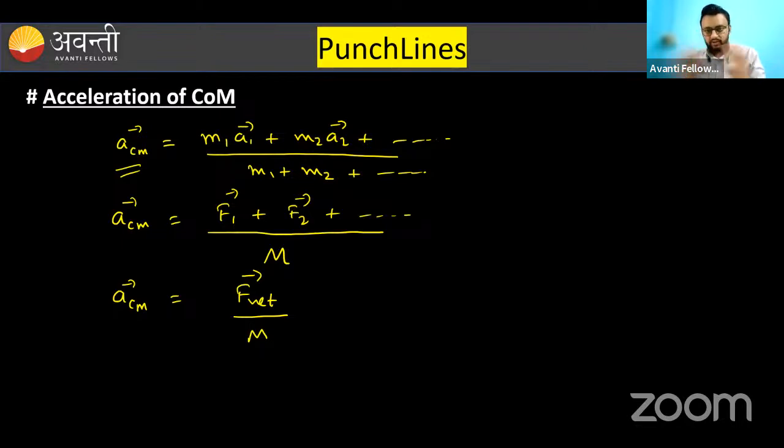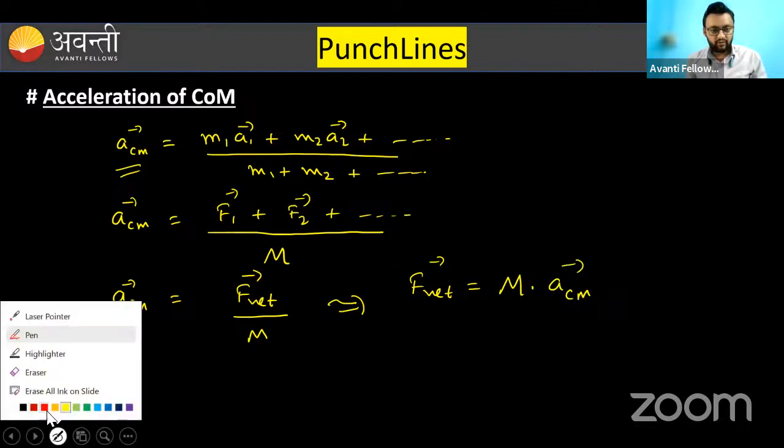There is no problem with any statement here. So can you modify this term like this? F net is equal to total mass into acceleration of center of mass. There is nothing wrong with that.